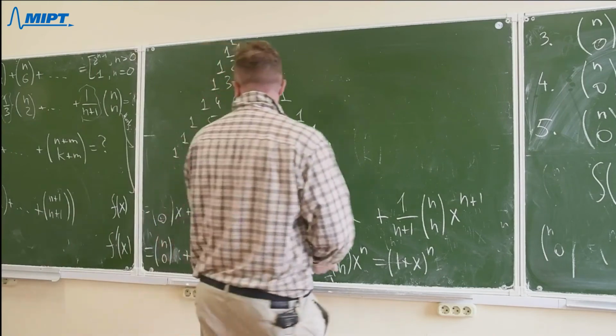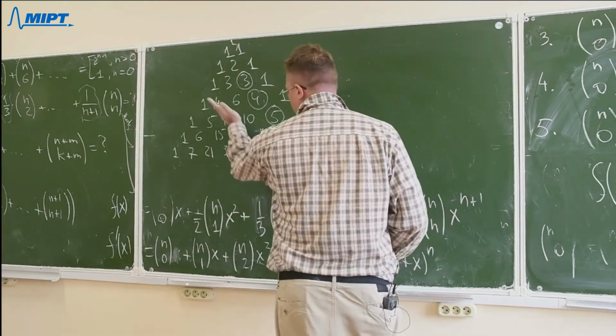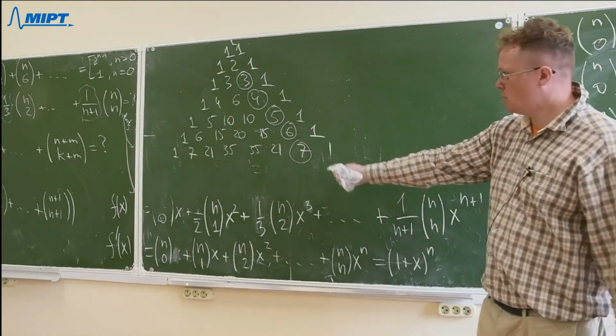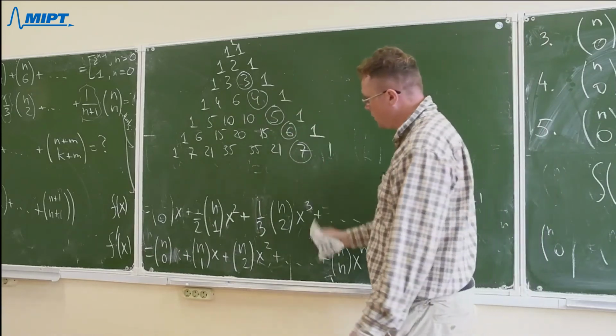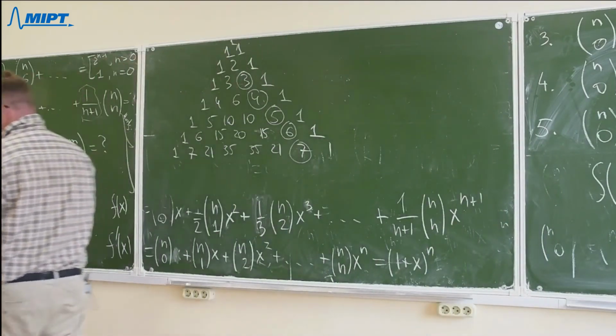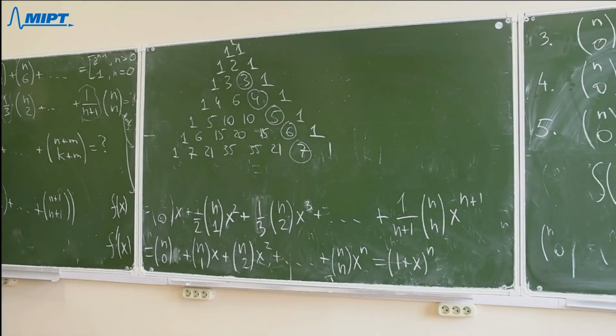So we can take just the part of some diagonal and try to count all the numbers in this diagonal. And I will start with this formula in the next lecture, and we will try to get some identities from here.